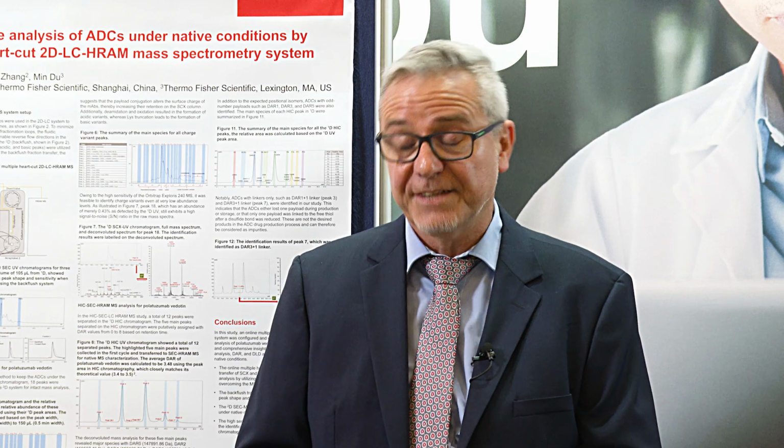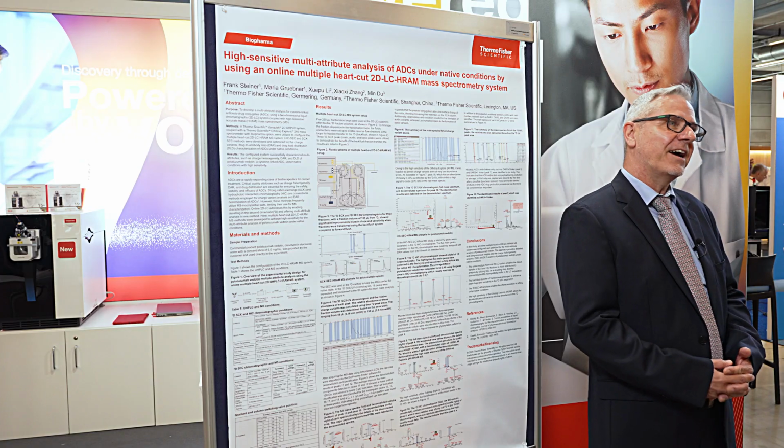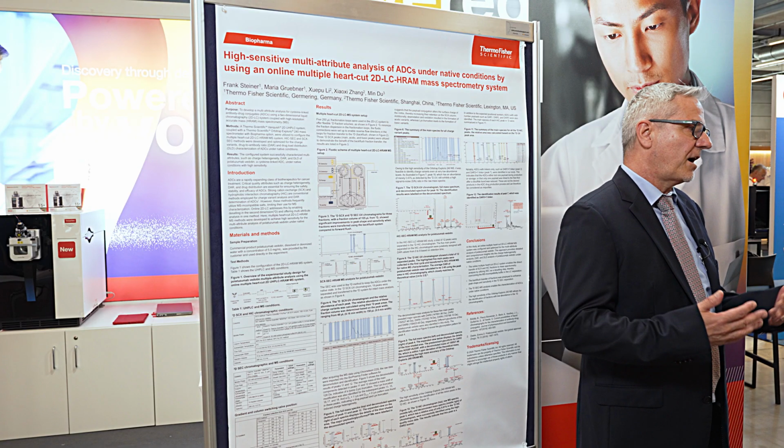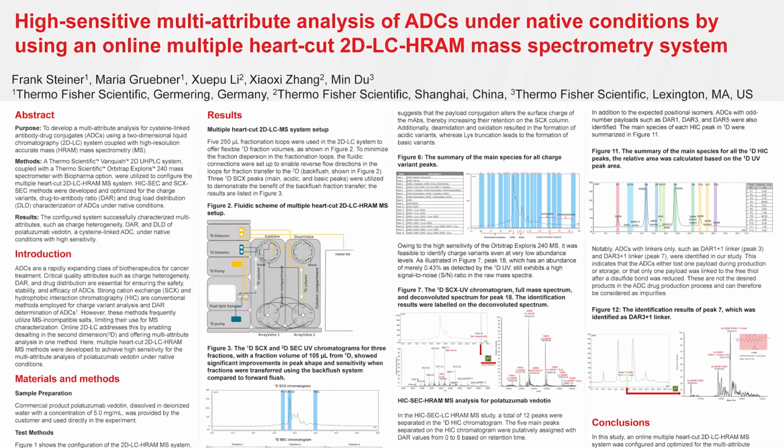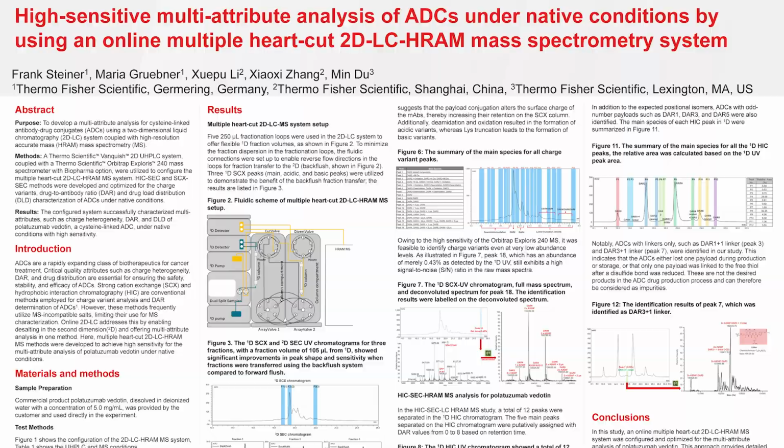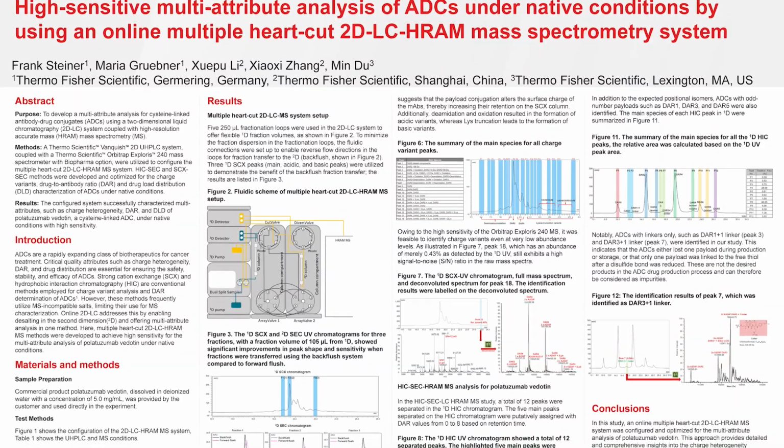Antibody-drug conjugates are an expanding class of biopharmaceuticals, in particular for cancer treatment, and at the same time they are challenging to characterize. So there are critical quality attributes like the charge variant distribution or the drug antibody ratio and the distribution across the linker sites.